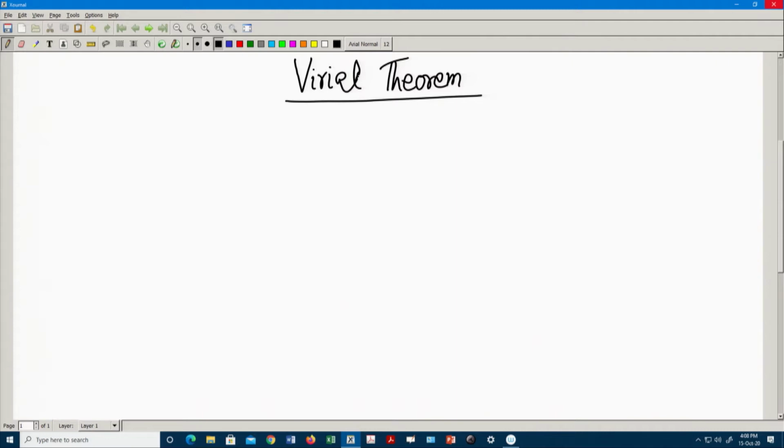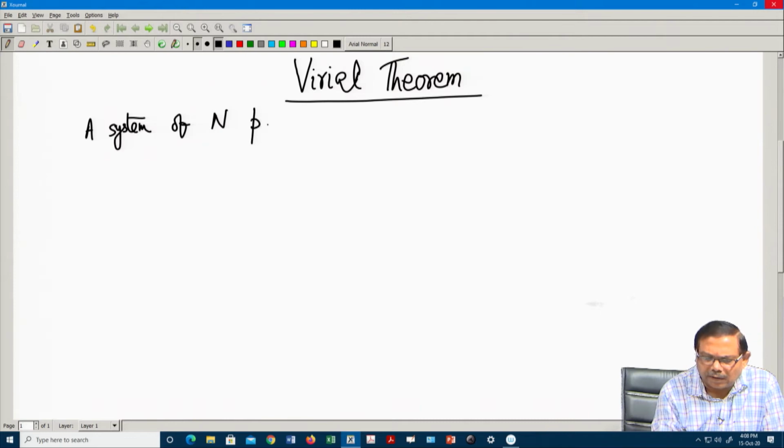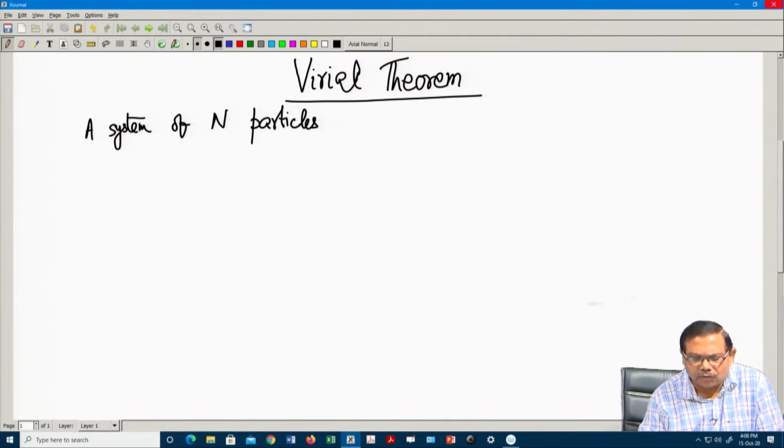Suppose I have a system of n particles. Each of them, R_i denotes the position vector of the ith particle.